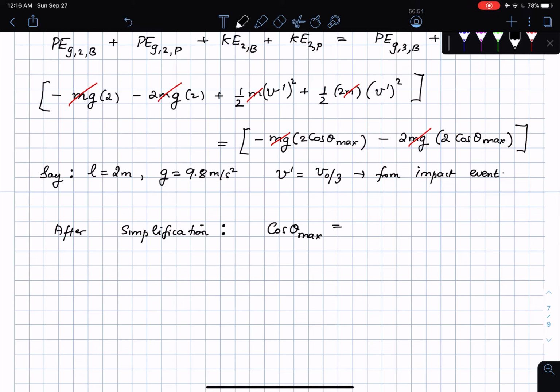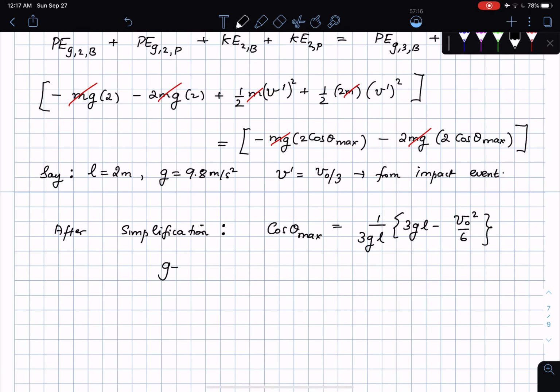So cosine theta max is going to be 1 by 3 times G times L, which I write as 3 times G times L minus V naught squared, divided by 6.